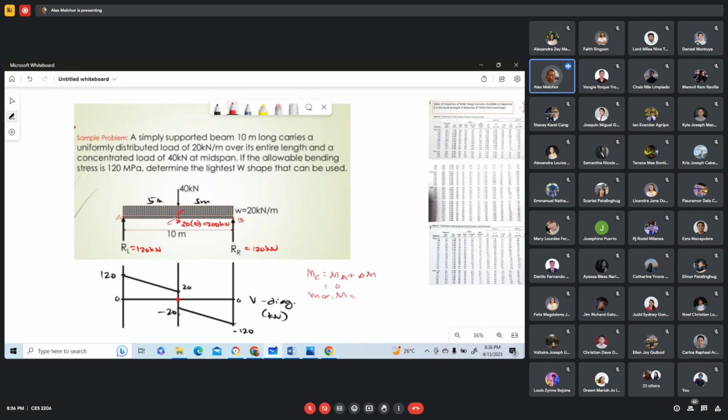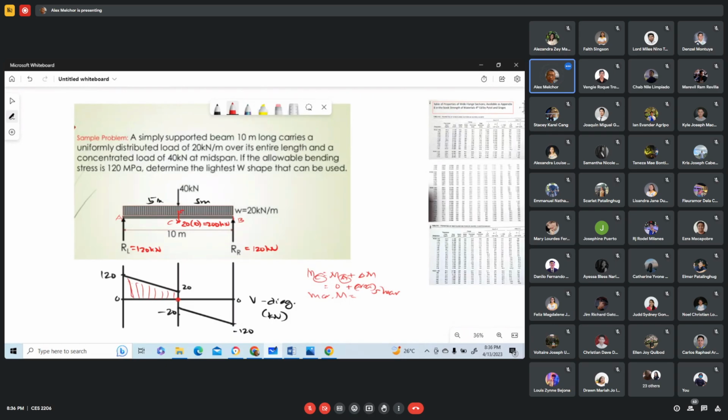The moment at A is 0 plus the area of shear from A to C. What is the area of the shear from A to C? It is equal to the area of that trapezoid.